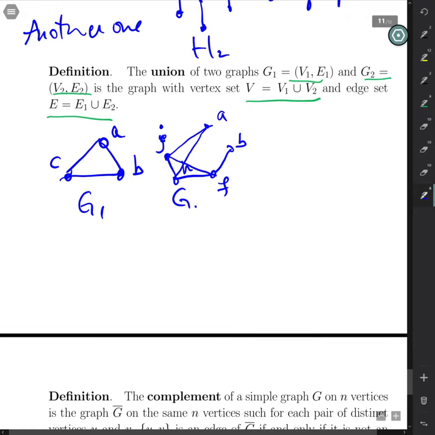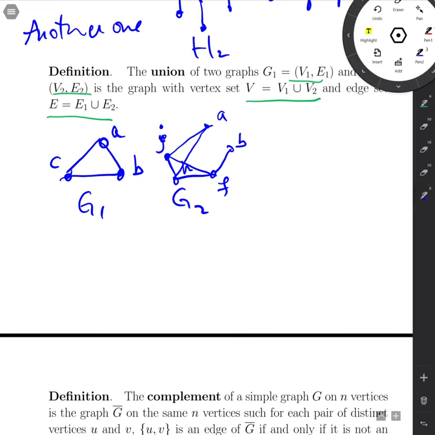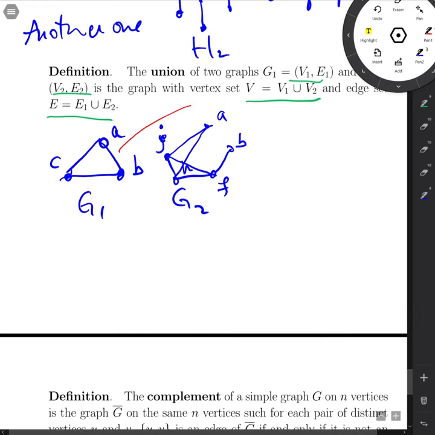So there's G1 and G2, and you just take the union of them. And I think a natural way to take the union of them, if you look at it right here, is to take this edge right here, that has to join those two. That's A and B. So that edge that joins A and B will be added on here, and then the C I'll stick off on the outside there. So the union would look like this. See if I can capture that same sort of orientation there.